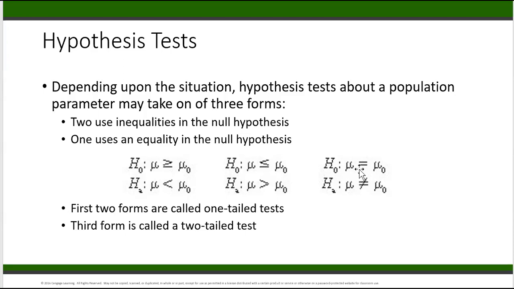So equality always goes to the null hypothesis, and we always have a strict sign, a strict relationship that does not contain equality, and those go to the alternative hypothesis.